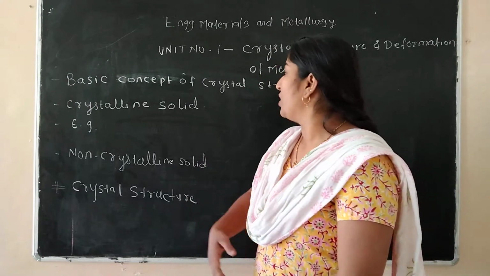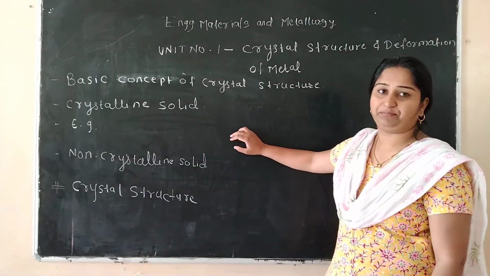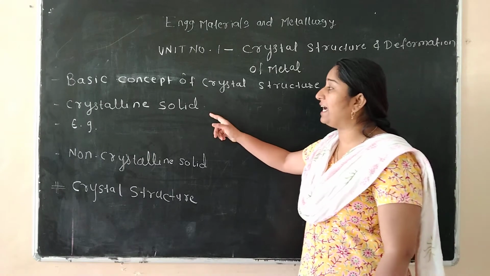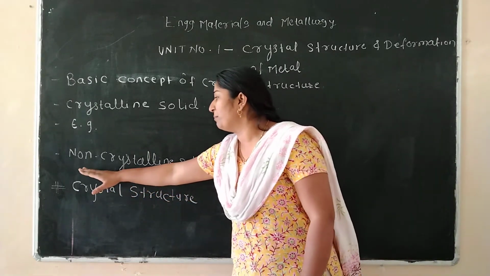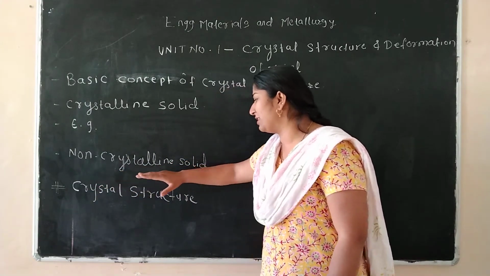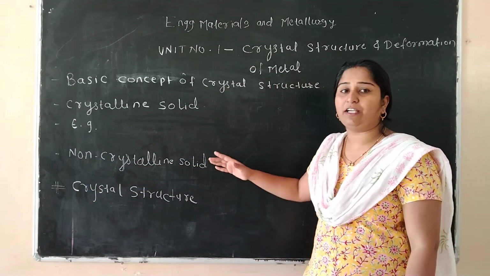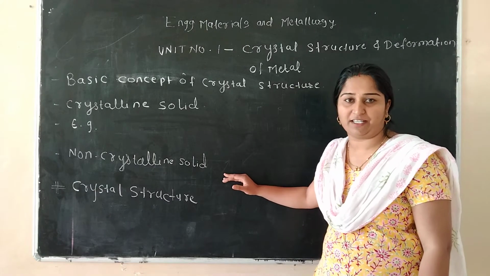When they are not arranged in a specific manner, that kind of material is called a non-crystalline solid, or it may be called an amorphous material.